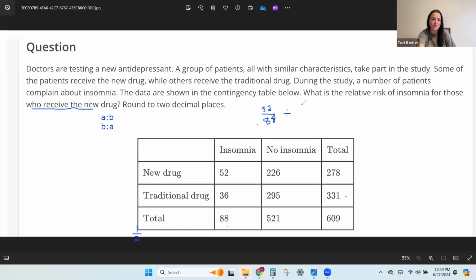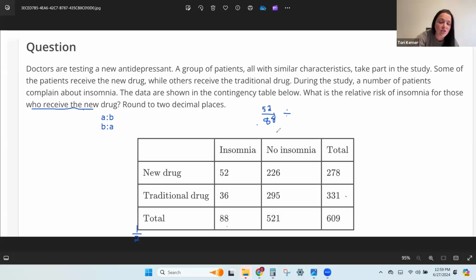And I used 278. So can you check that answer? They mentioned the drug last, so I used new drug, like that horizontal total. Oh, I see what you're saying. I just remembered the pattern was they used one here and over here.